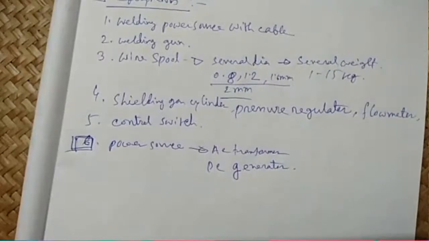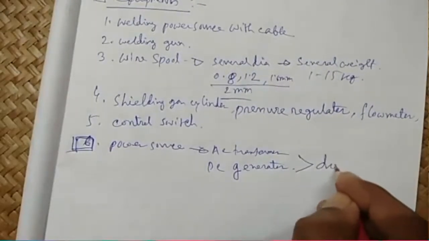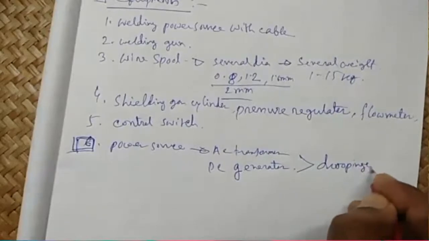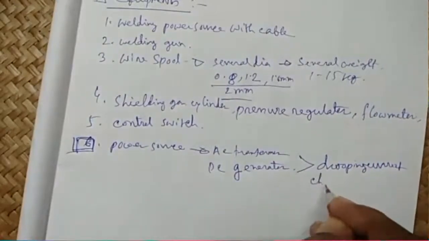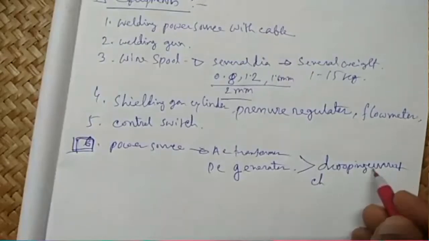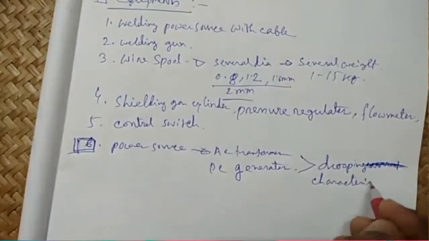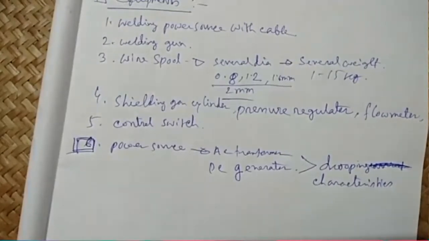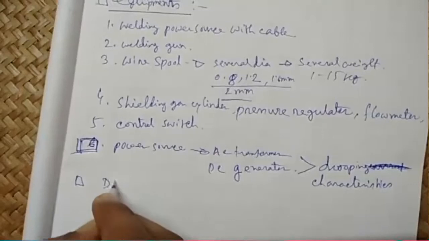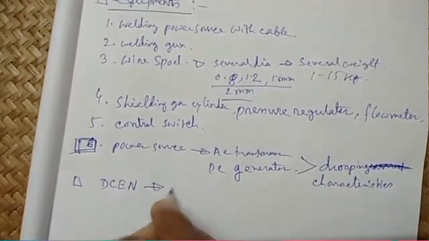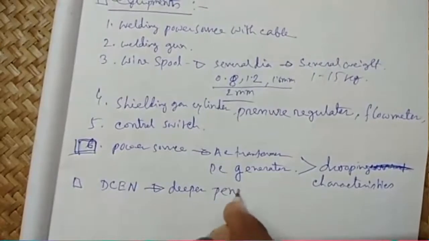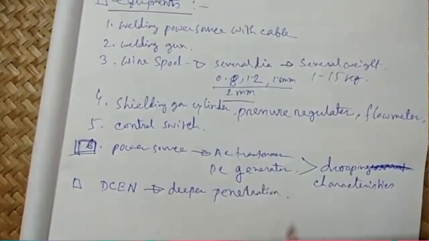Now usually drooping characteristics are used when we use electrode negative. Then we can get deeper penetration. Direct current electrode negative gives you deeper penetration.